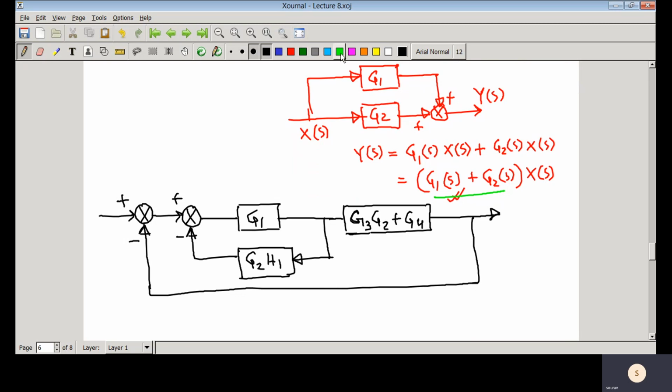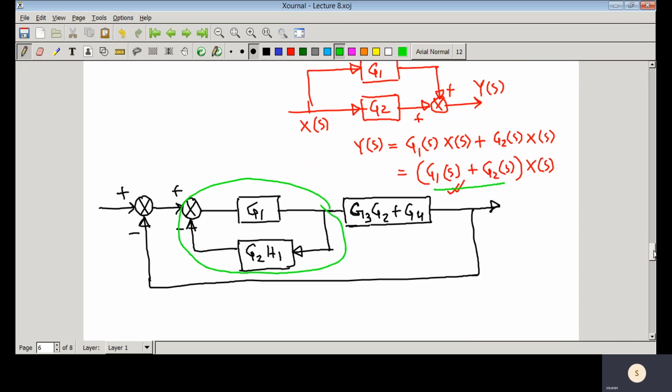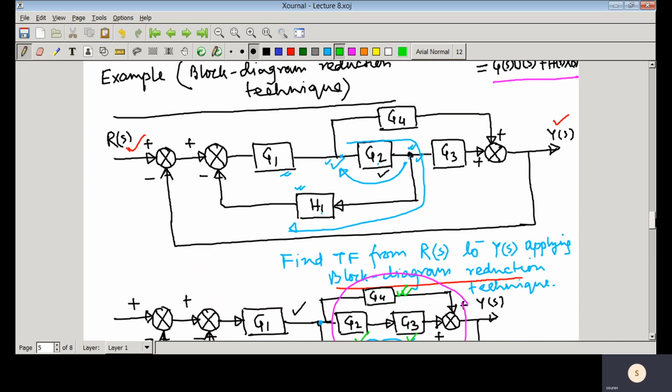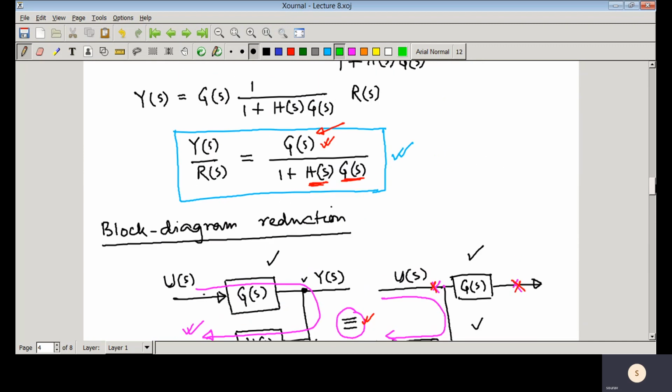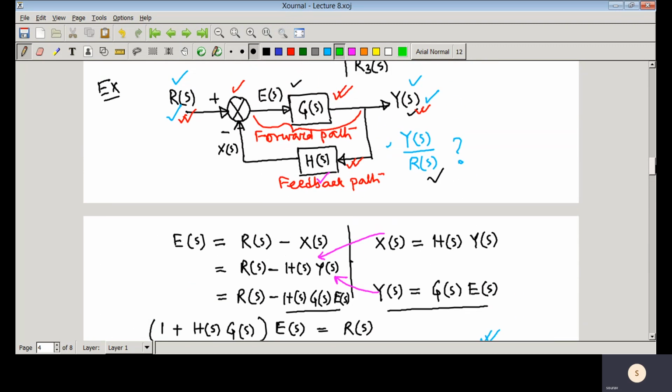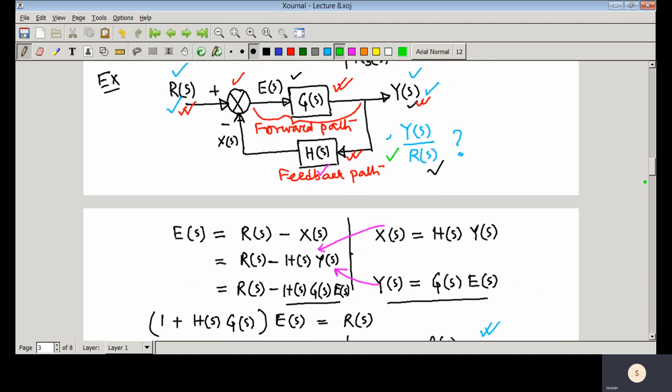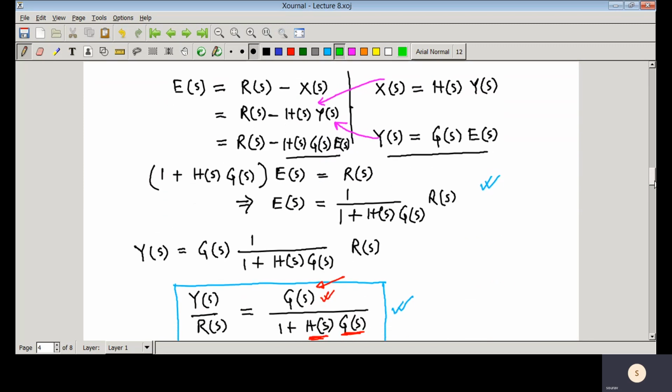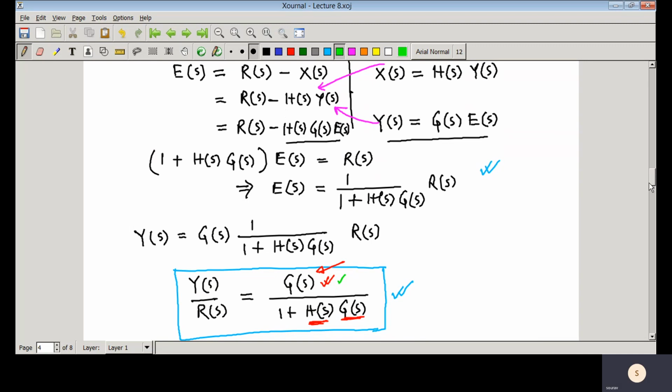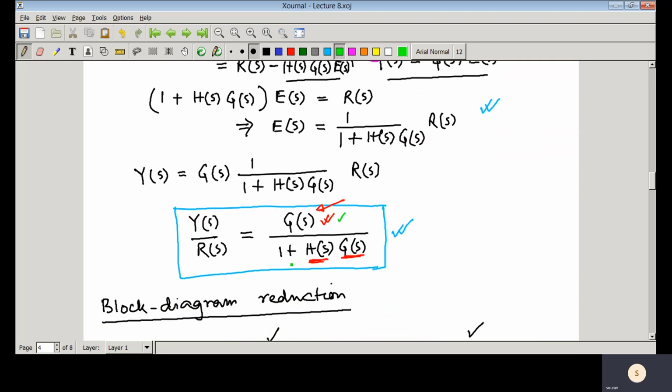Now we'll concentrate on this particular loop, and you can see that this loop and that loop are the same. What is the transfer function from input to output? That is the forward path transfer function GS, divided by 1 plus the feedback path transfer function times the forward path transfer function.